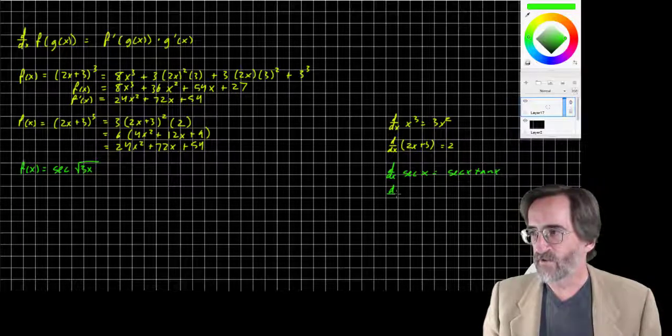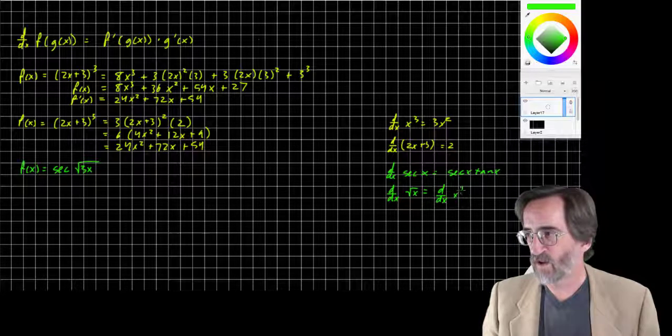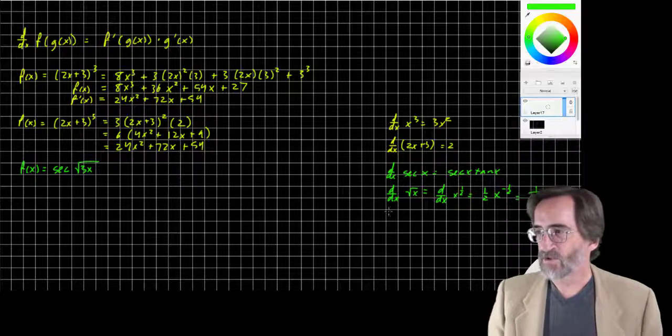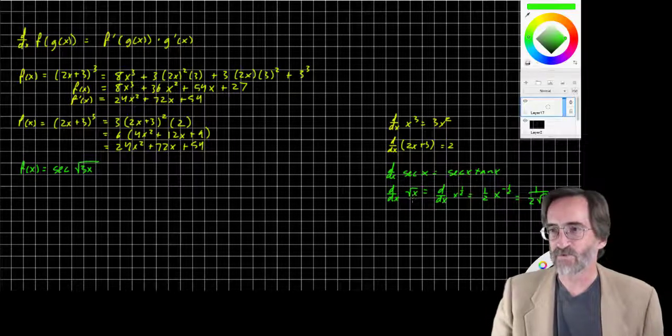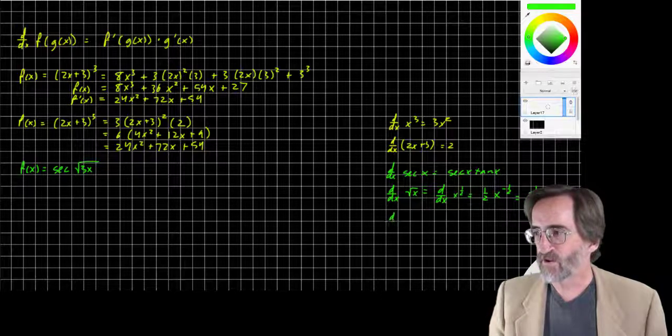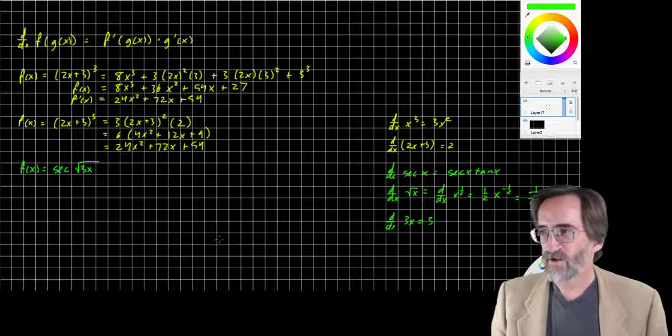The derivative with respect to x of square root x is the derivative of x to the 1/2, which is 1/2 x to the negative 1/2, which is 1 over 2 square root x. And the derivative of 3x is 3. So let's keep that in mind.